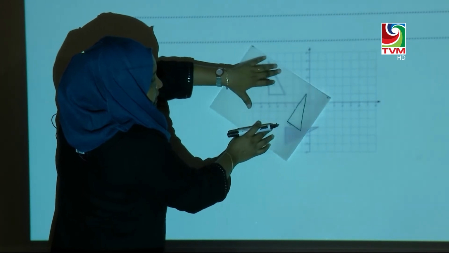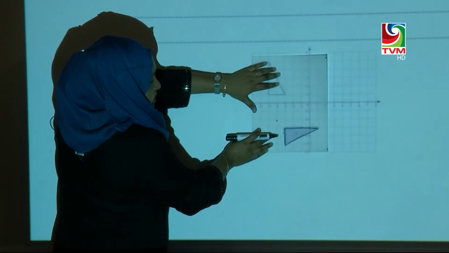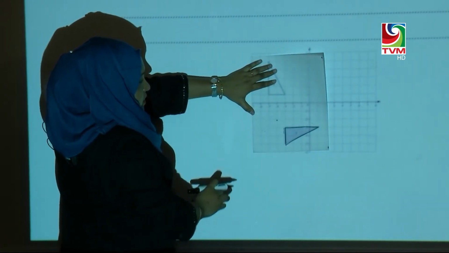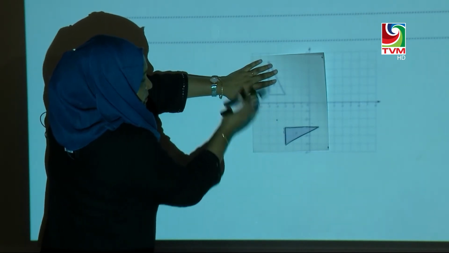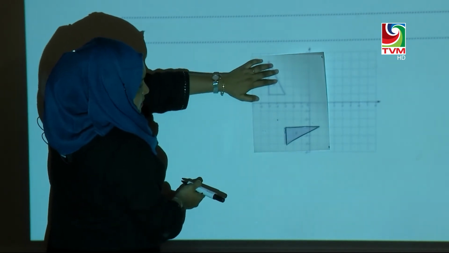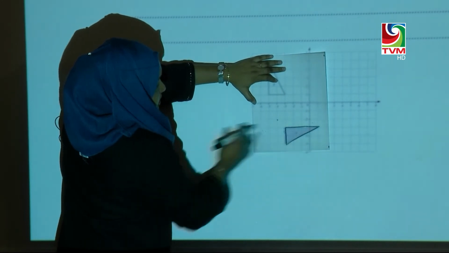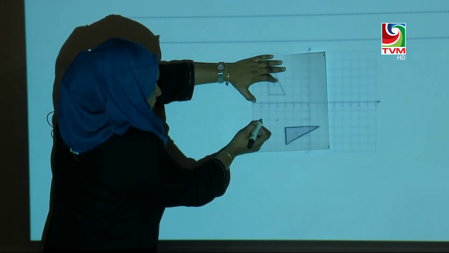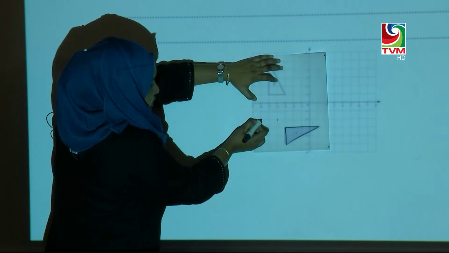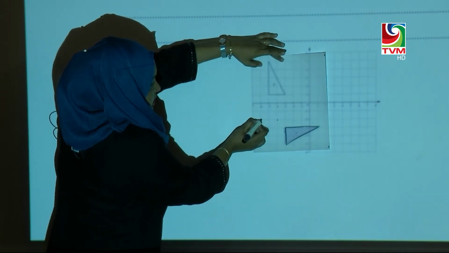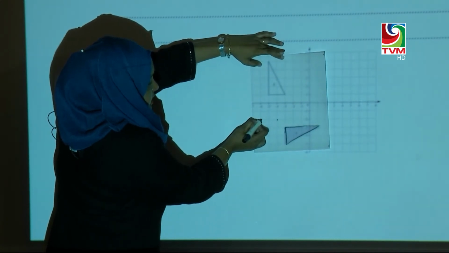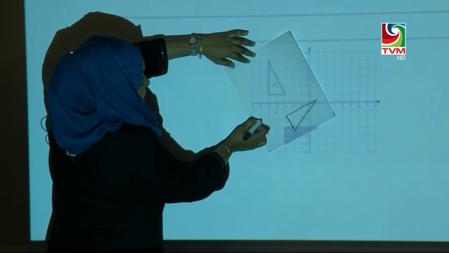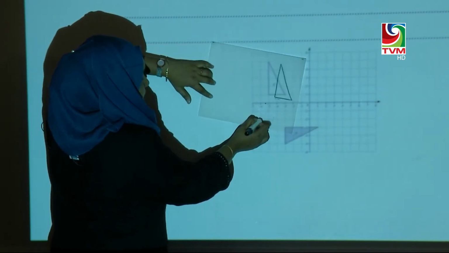We are going to go back and try another point. So let's try this point. Now to rotate this, place your pencil point here at the center and rotate your tracing paper.